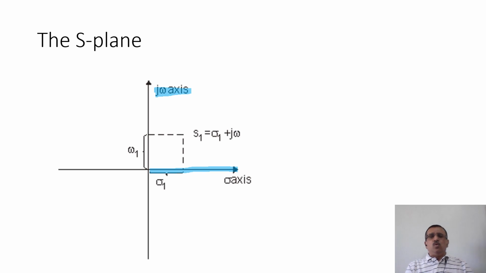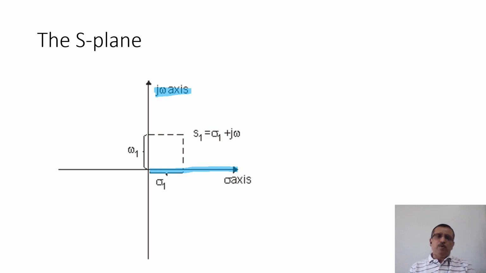Whenever you find poles and zeros, they are complex numbers. In a very easy way, you can think of the S-plane as the complex plane. All of you know how to represent a complex number in a plane. A real number you can represent on a line, and to represent a complex number we want a plane.